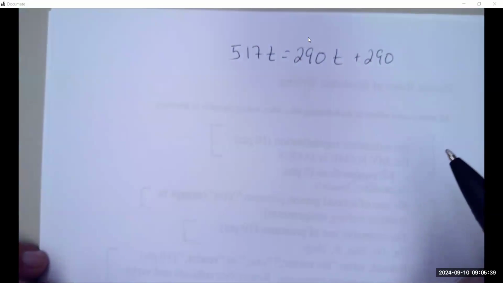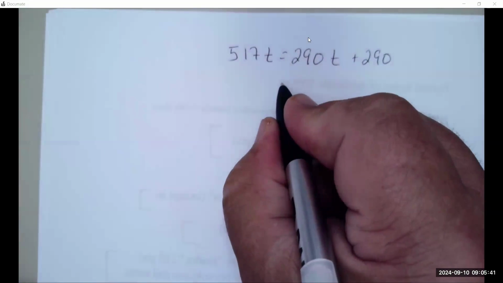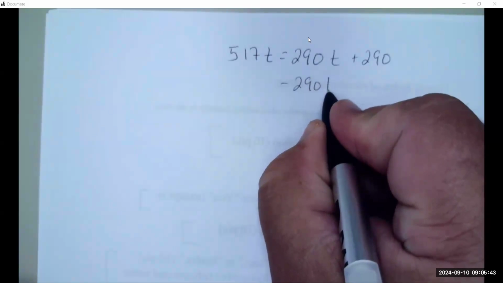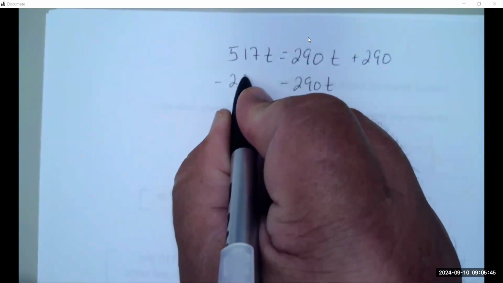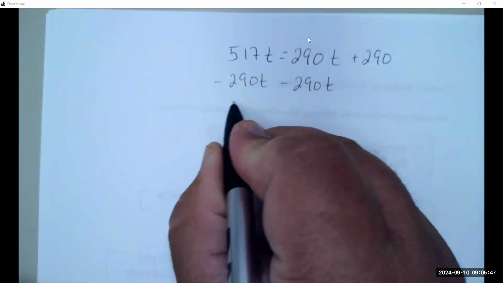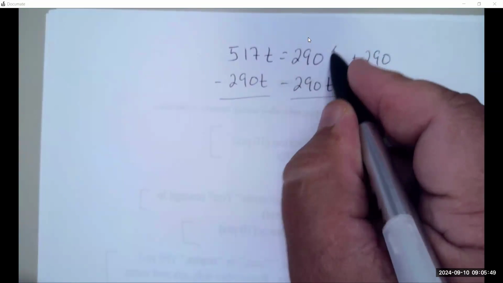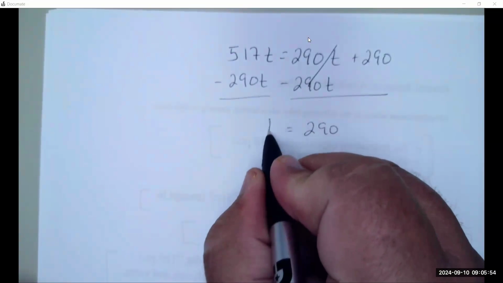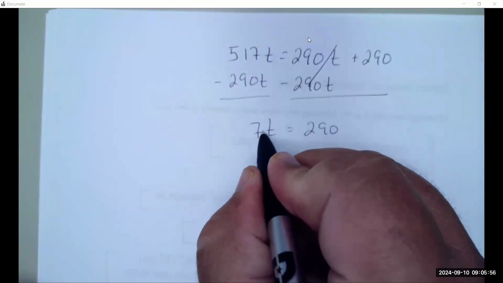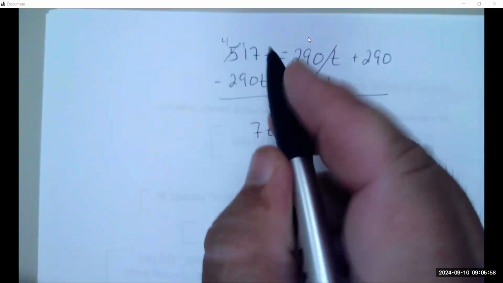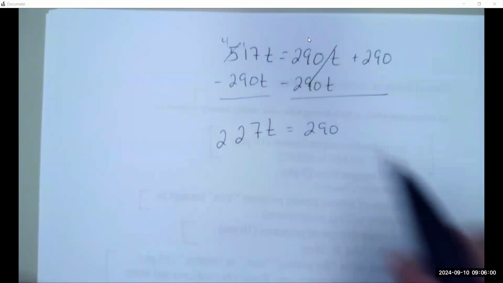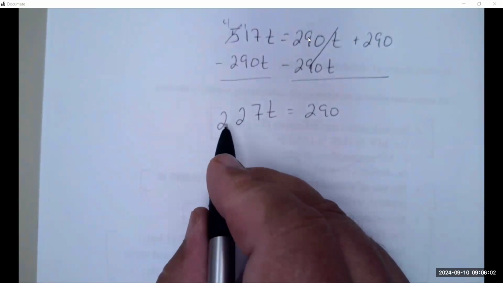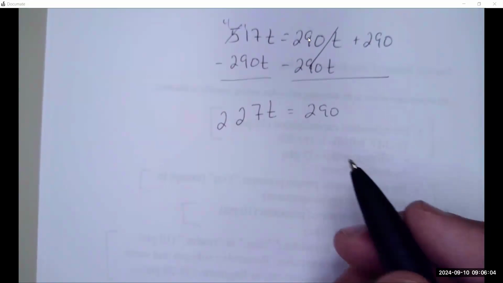We have t's on both sides. Move the smaller to the larger. So we subtract 290t from both sides. So we have 227t equals 290.